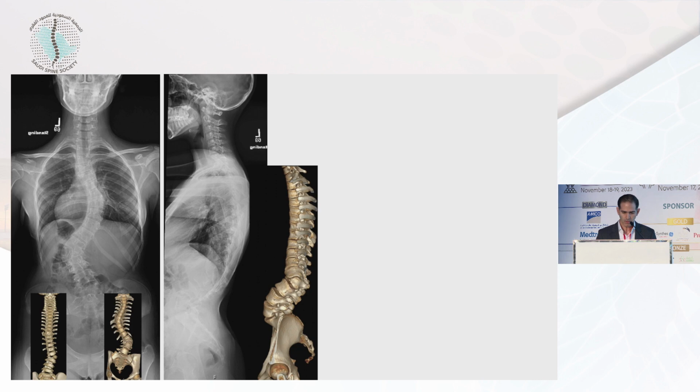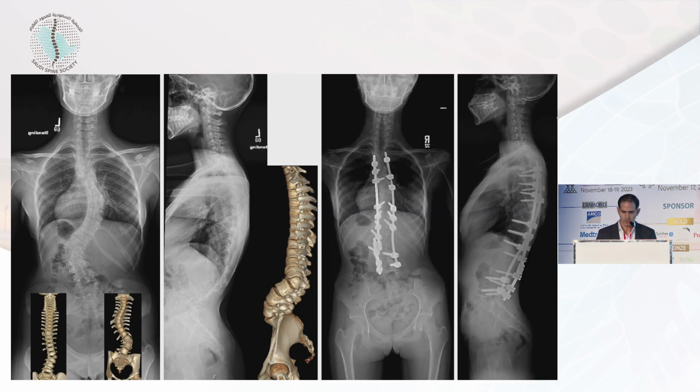And so the hemivertebra was resected, and because the convexity is on the left side, the domino was placed on the left side in order to correct the coronal deformity and also the sagittal deformity, achieving a partial correction, because actually she had a fusion here, so our intention was not to achieve a complete correction, because we didn't want to have a coronal malalignment, and the lumbar lordosis also was restored.